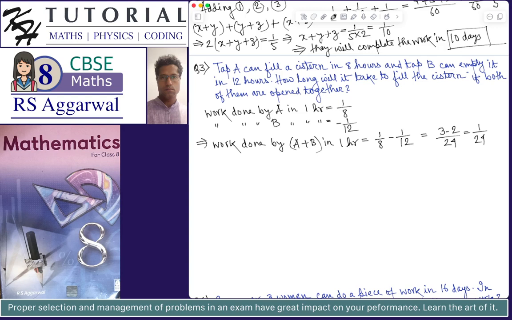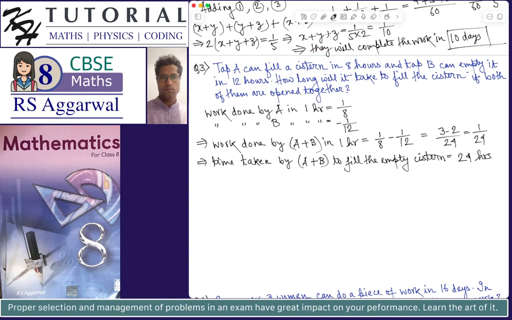So the question is asking, how long will it take to fill the cistern if both of them are open together? So we can say that time taken by A plus B, meaning both the taps are working together, to fill the empty cistern will be equal to 24 hours.